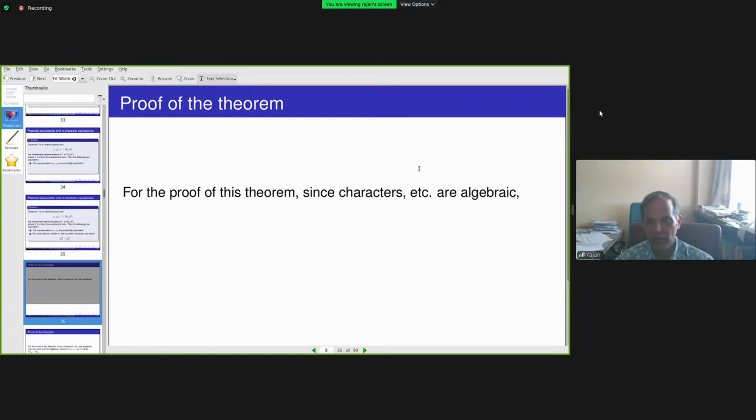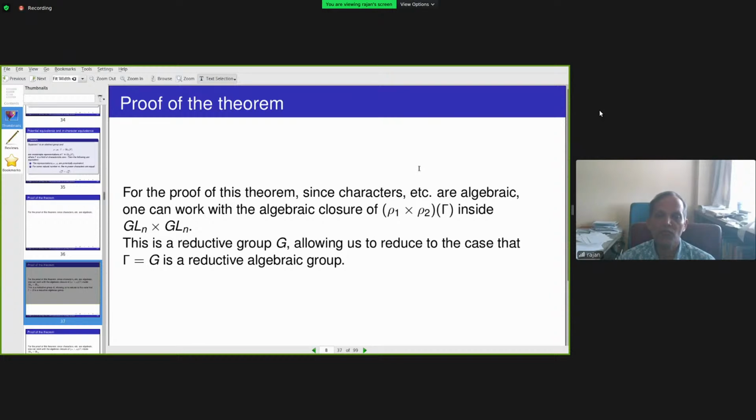Since characters are all algebraic and linear, one can work with the algebraic closure of (ρ1 × ρ2)(Γ) inside GL_N × GL_N. Our assumption is that these representations ρ1 and ρ2 are semi-simple, so this is a reductive group G. Now we can replace Γ by G, and G sits inside GL_N × GL_N, and ρ1 and ρ2 are the projections of G to the two factors. So we reduce to the case that Γ equals G is a reductive algebraic group.